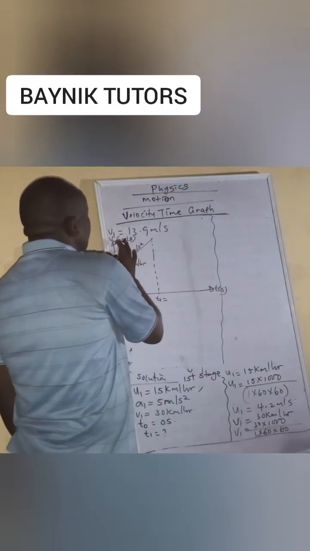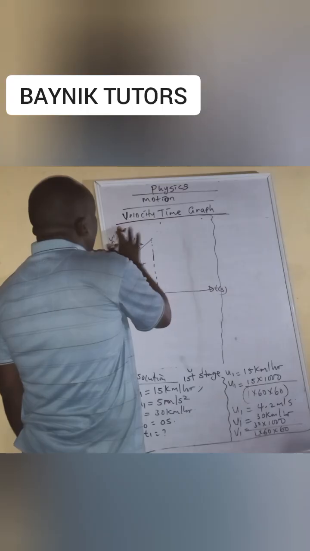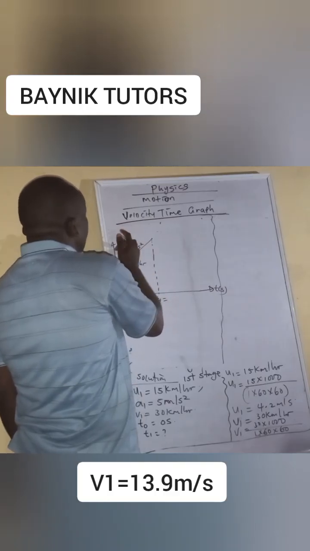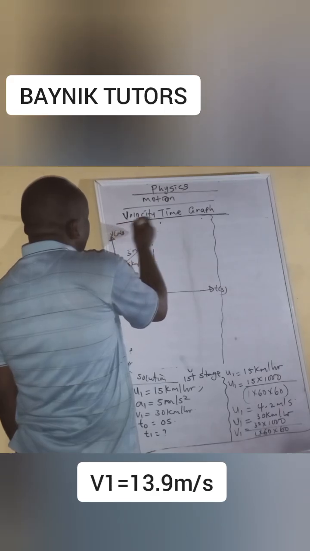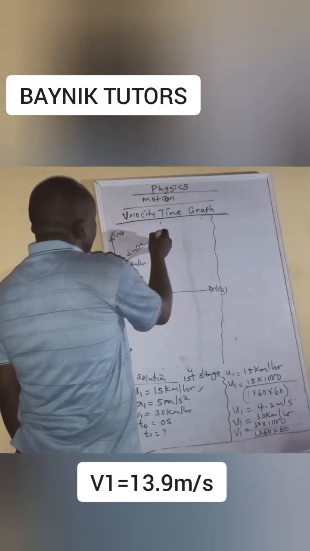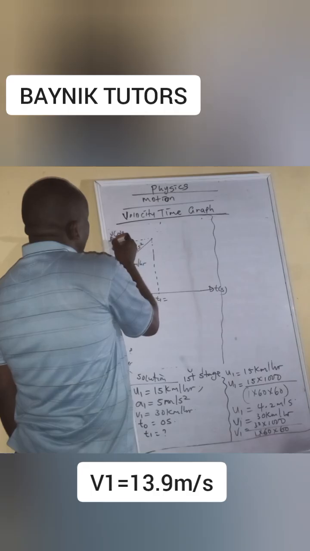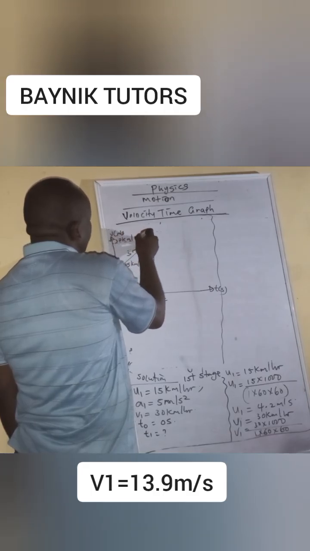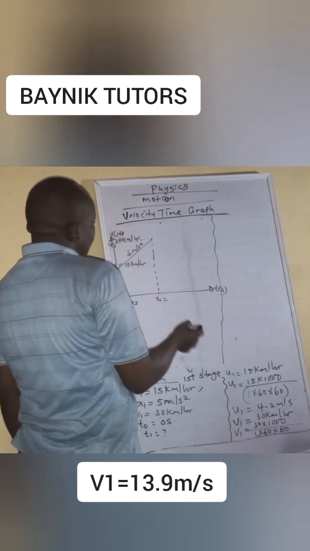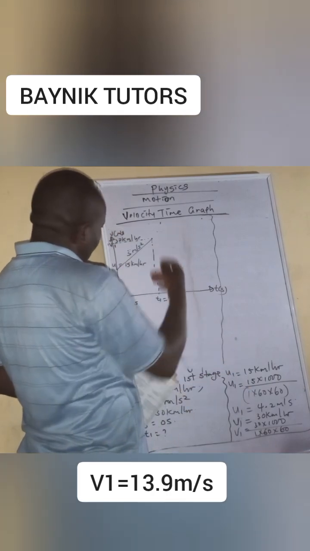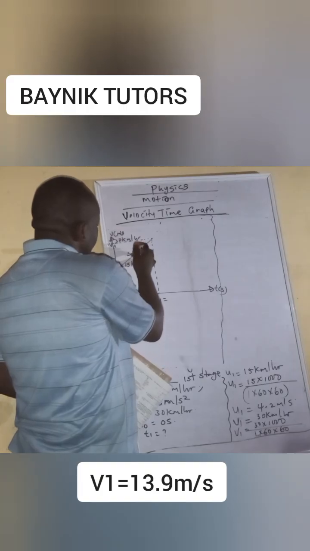So this is 30. From our work here, we discover that this is 13.9 meter per second. So this is 30 kilometer per hour. So this is my V1.